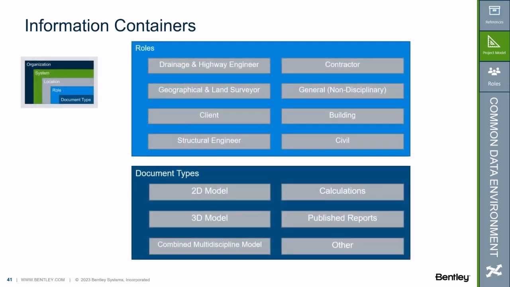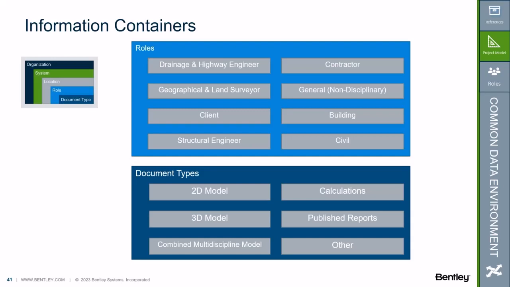The role definitions and document type definitions are already specified in the ISO 19650 documentation and can be altered for a specific nation. The default is the UK national annex. So that's the default schema, but other nations may be adopting their own. In the US, that might be coming soon, but for now we default to the UK version just to keep things consistent.